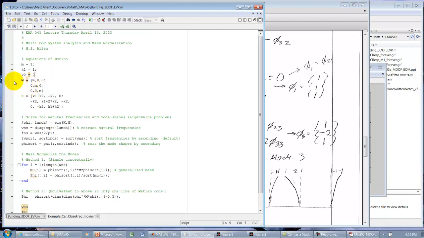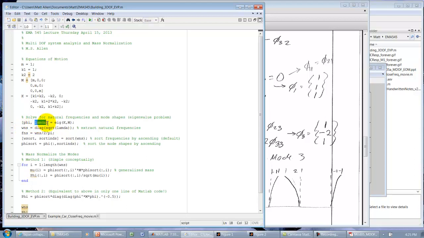And then we can build the mass and stiffness matrices, using the exact same procedure from before. We'll find the eigenvectors phi and eigenvalues using this command in MATLAB. Find the natural frequencies, which are the square root along the diagonal of this matrix.